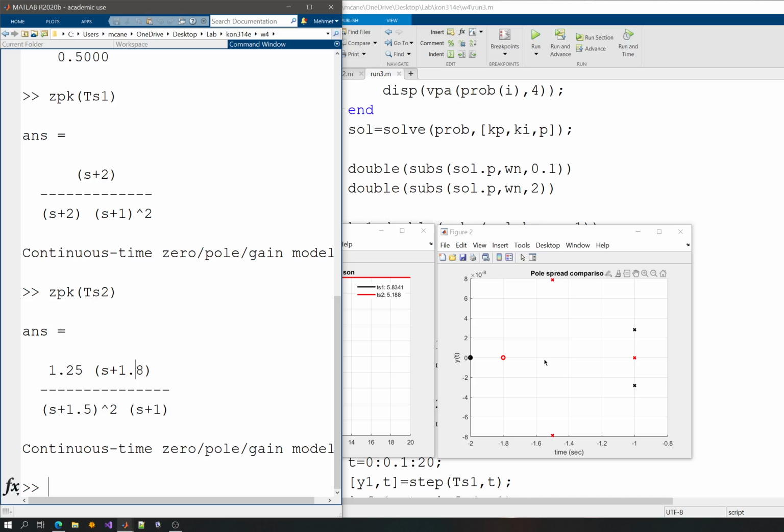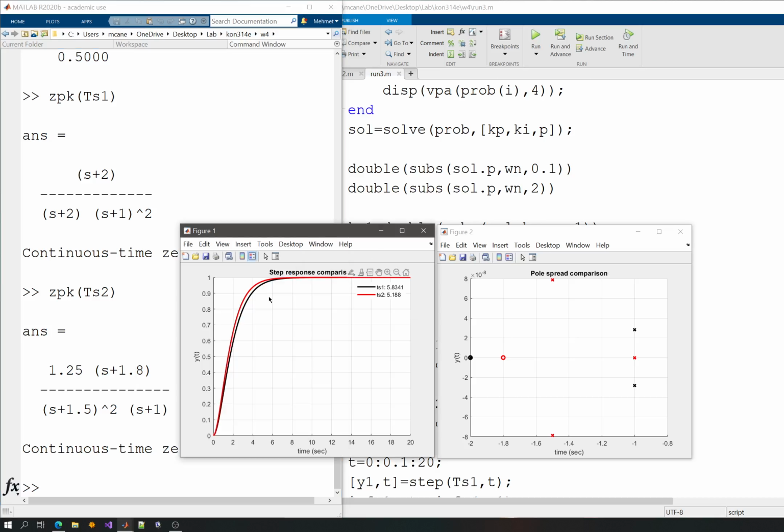What I mean by that is I have 2 poles here at minus 1.5, and you can see that it has also a nice response. Since everything is real here, you don't have any overshoot. At this point, most of the solutions will be close to ideal because everything is real and you will never get an overshoot here. And the settling time is not that far away from each other.